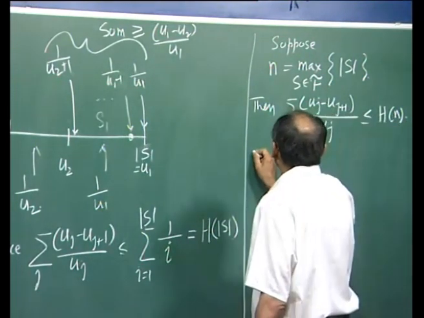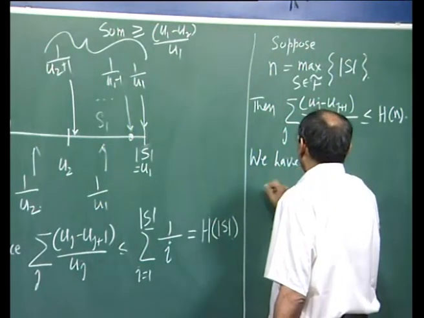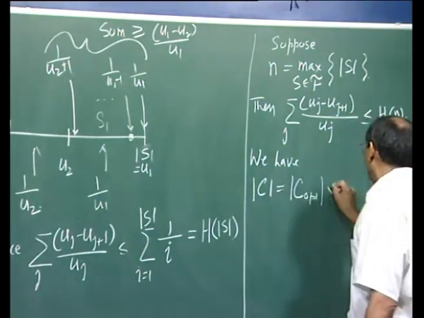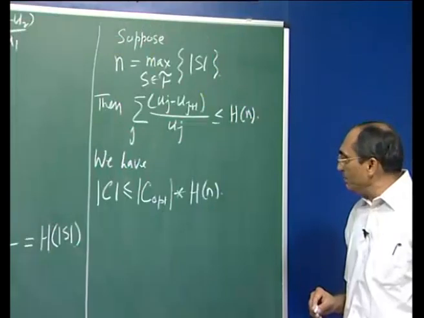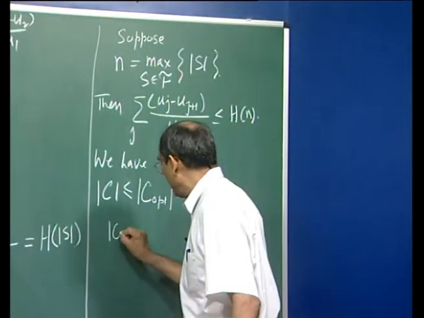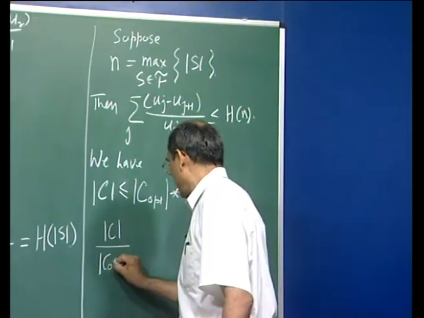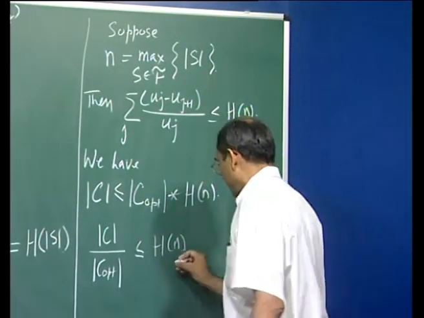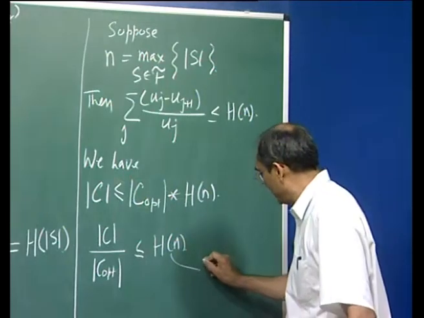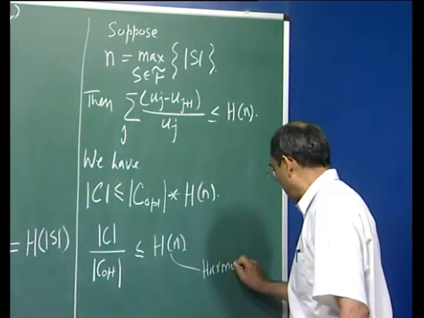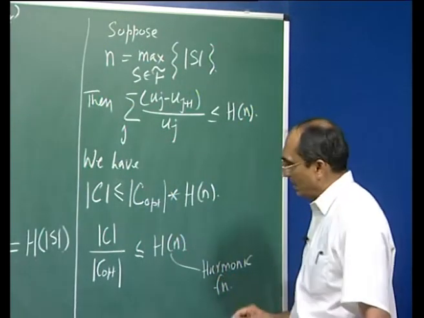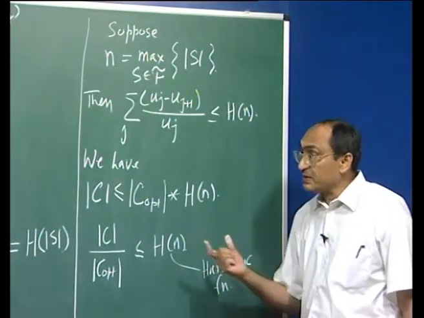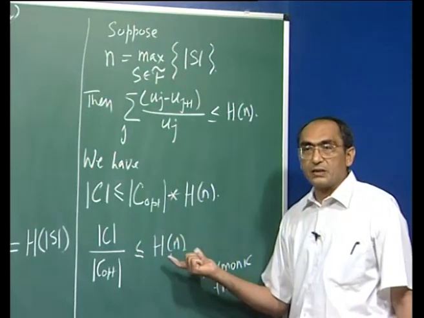Hence, we have mod of C is at most mod of C opt times H(n), which means the ratio is less than or equal to H(n). The harmonic function is our performance ratio, and this is the first time we have seen a case when it is not a constant.